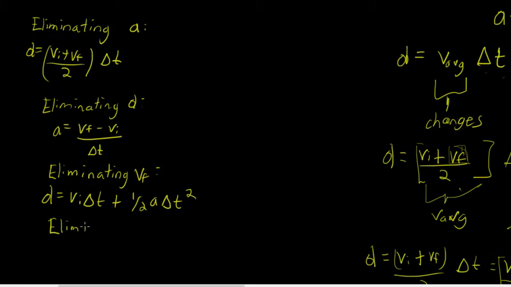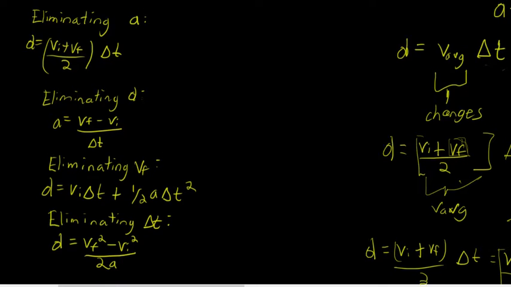Now eliminating elapsed time, we have displacement equals the final velocity squared minus the initial velocity squared, over 2 times the acceleration.